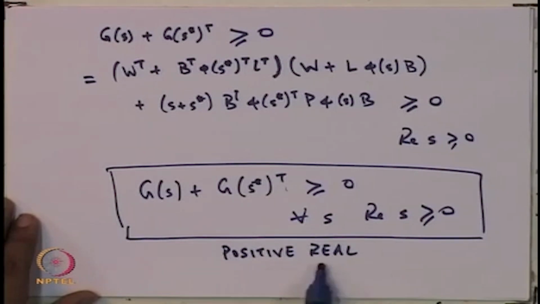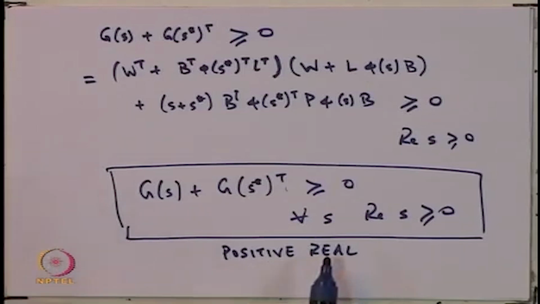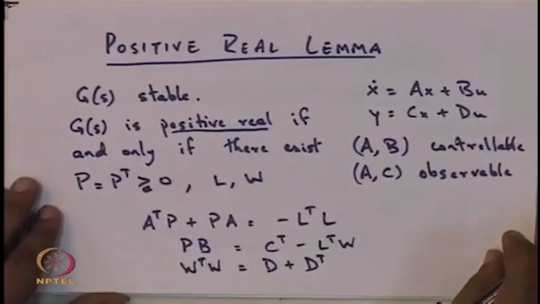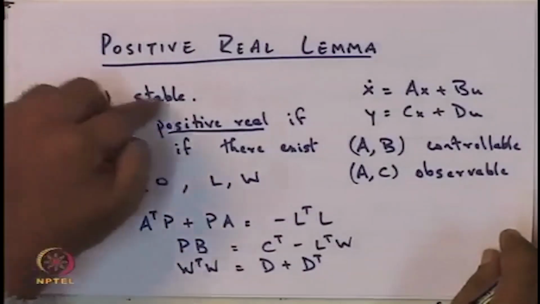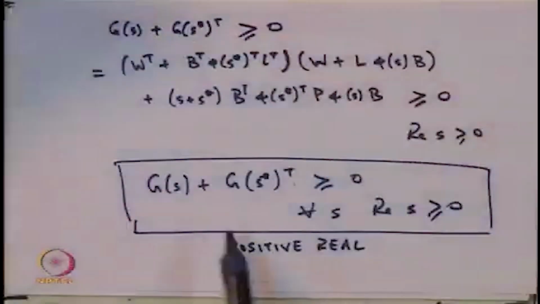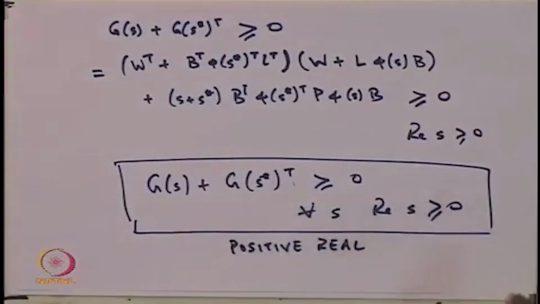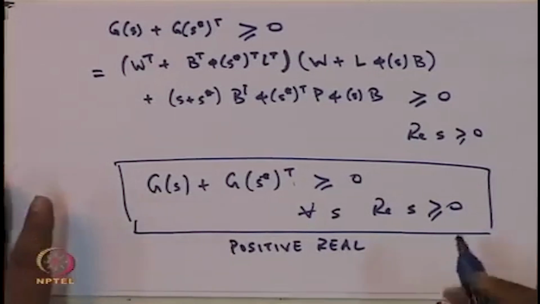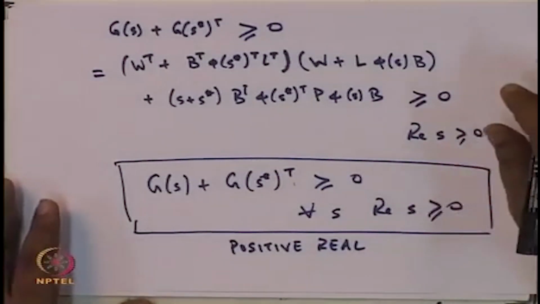And if you use this definition, then in the original statement of the positive real lemma, you do not have to insist that G(s) is stable, because it has to be stable if this condition is satisfied. But these are intricacies, and there is no general agreement about the exact definition. So, we will leave it at that.